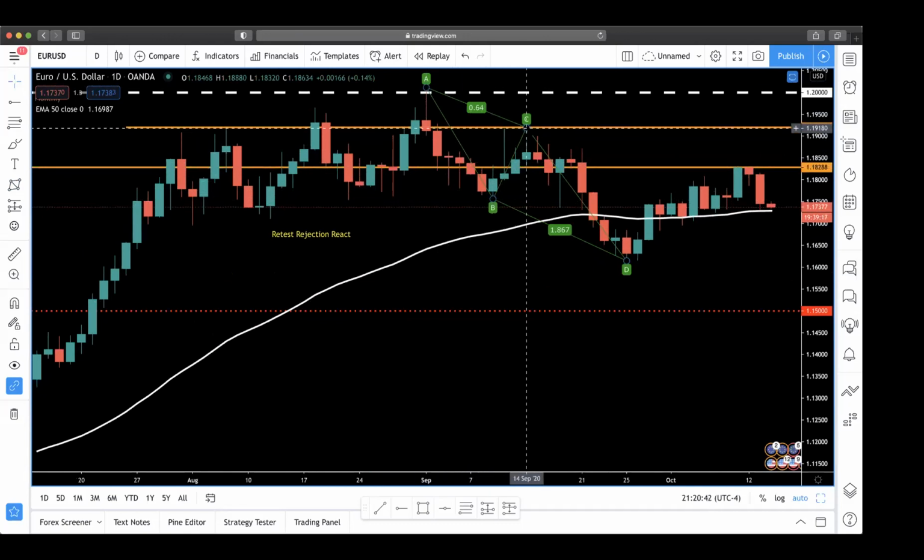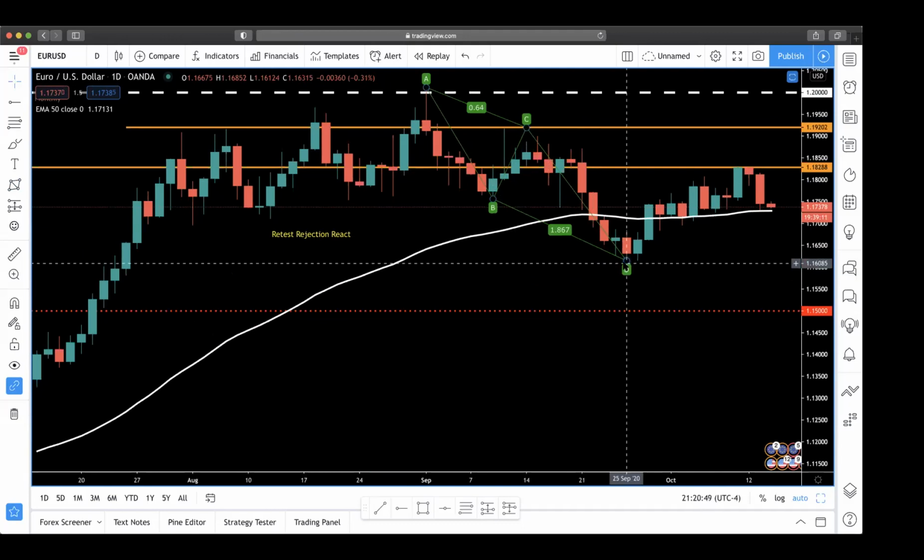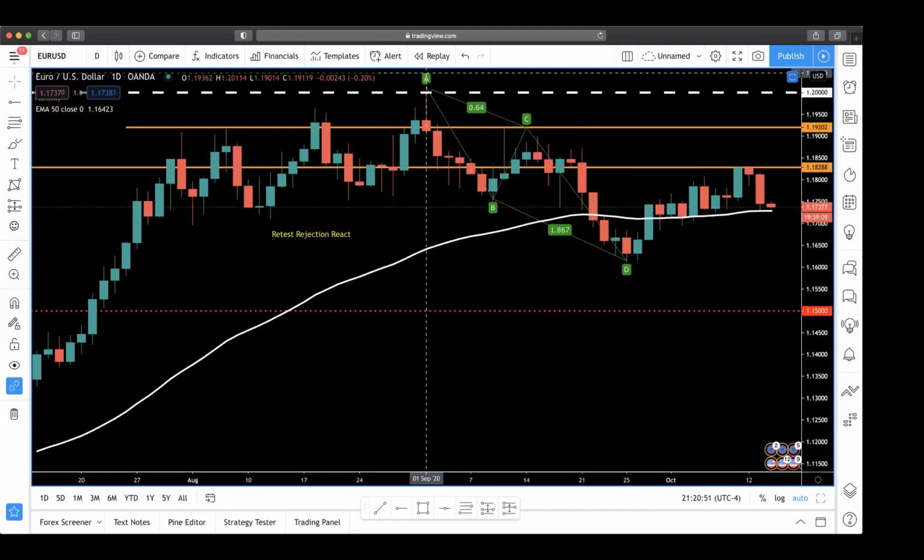From B to C is the retracement of this impulse, and then our take profit is D. That's the ABCD I'm talking about. Don't confuse that with an ABC retracement. It's referring to the swing low to swing high, the retracement, and your take profit.